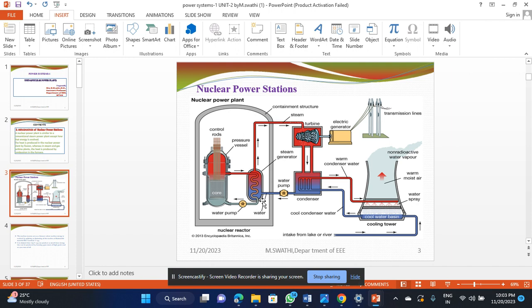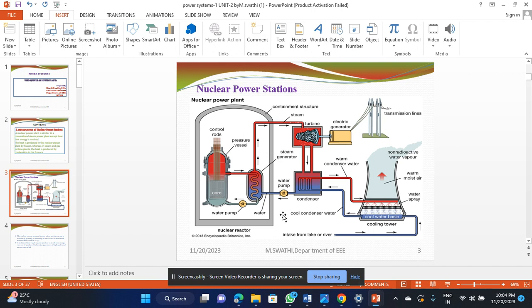Shielding is very important in the nuclear power plant, because a very high amount of alpha, beta, gamma particles are released, and they are very harmful for human life.